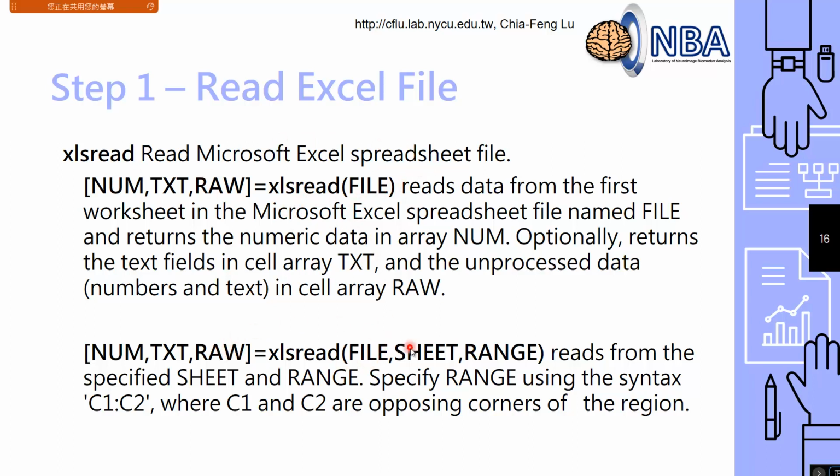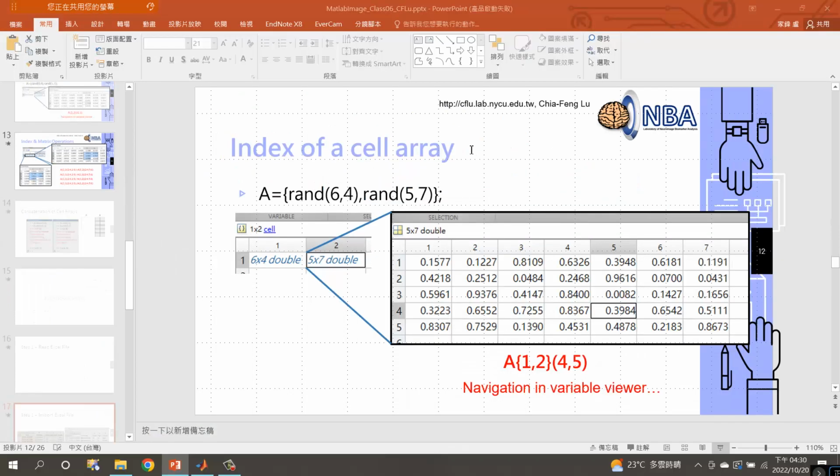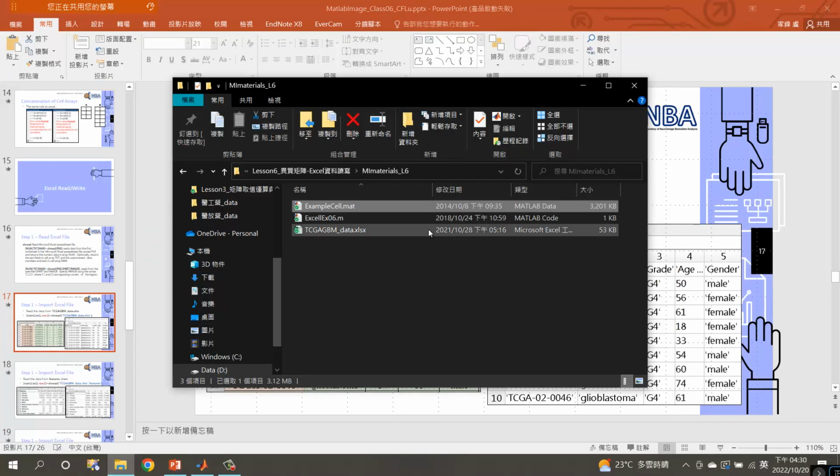You can see we do have a second usage, but for now I just want you to go with the very first one. Let's take this Excel file as an example. Within the folder that I provided to you, you can see we have a TCGA GBM file.